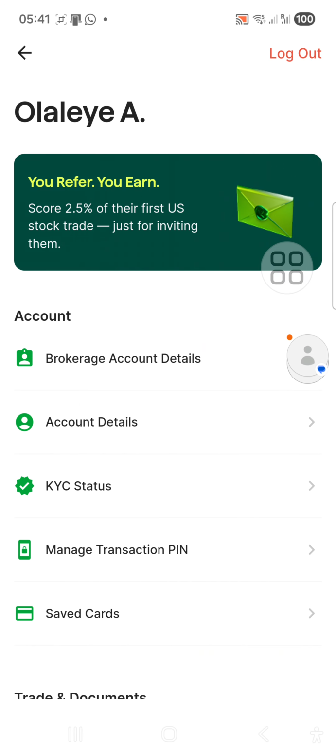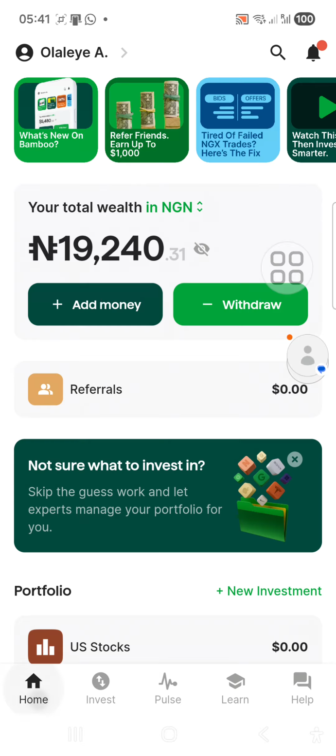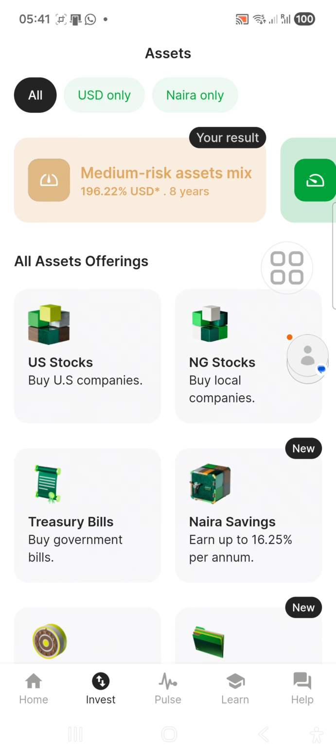Now let me quickly show you how to buy stocks using limit order. Okay, let's go back to the main page. So you click on home. You are back on the main page for your Bamboo account. Now you click on invest and then you click on NG stocks by local companies.